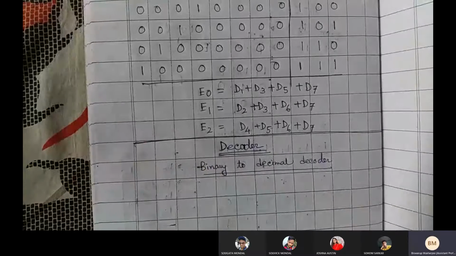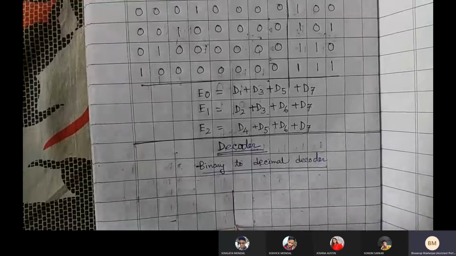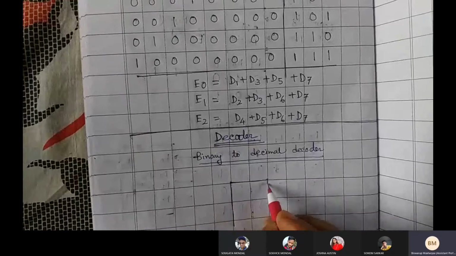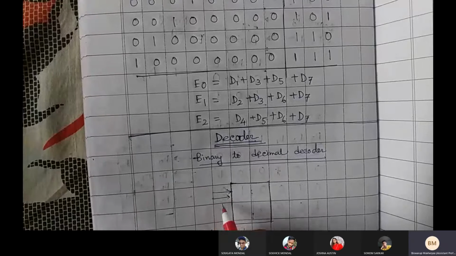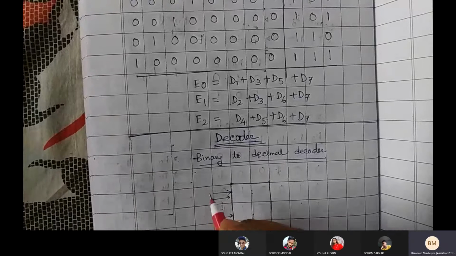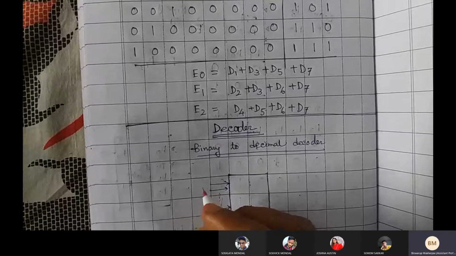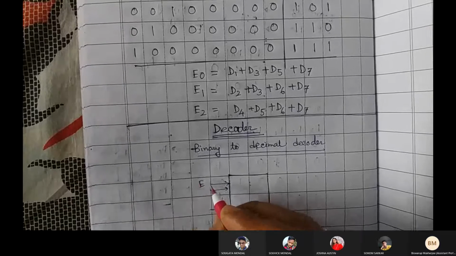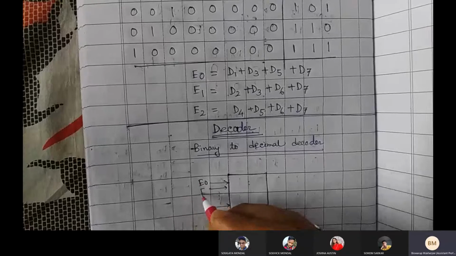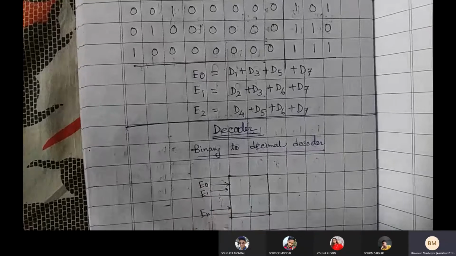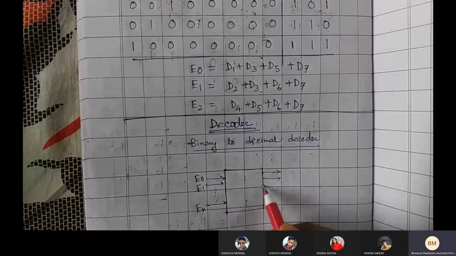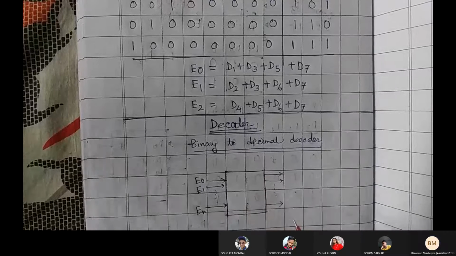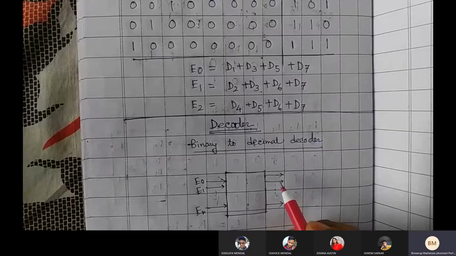So initially we'll be having n inputs. So there will be n inputs, first, second, and going up to n. So maybe the inputs can be E0, E1 up to En, right? And accordingly, we'll be having 2 to the power n outputs.